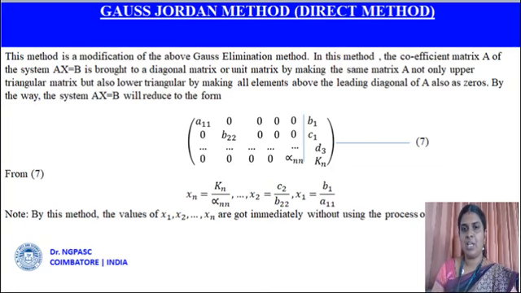That is, consider the leading diagonals and leaving the leading diagonals, the other elements, both the elements above the diagonal as well as below the diagonal, you have to make them 0, and then use back substitution. So very simple. We'll do an example relating to this.